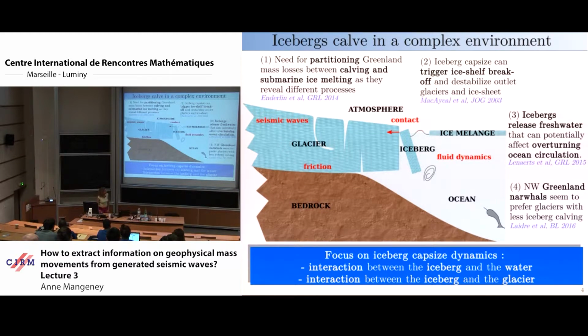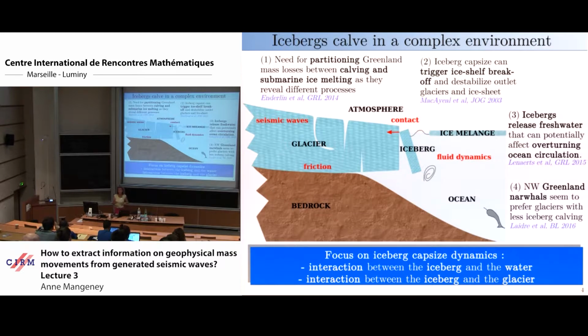Another very important problem is for oceanographers: this big iceberg takes a lot of time to melt, and the melting of this iceberg releases fresh water into the ocean, which is colder and also has a smaller salinity, and this can change the local currents.